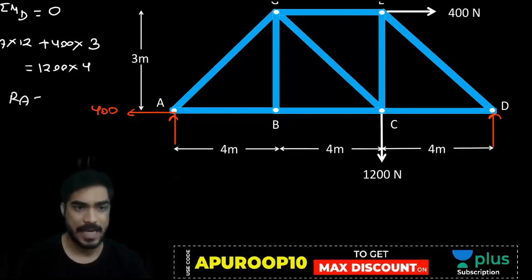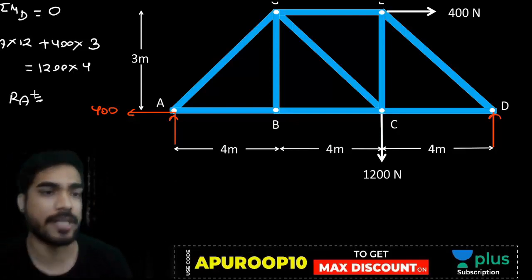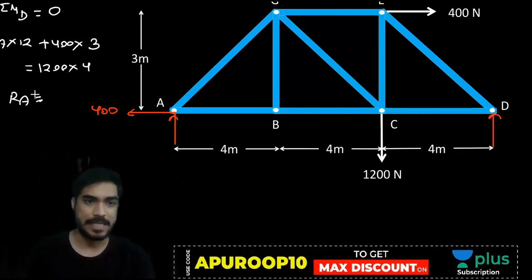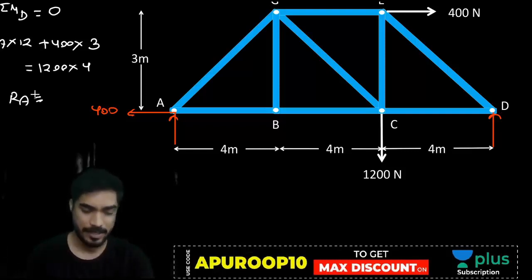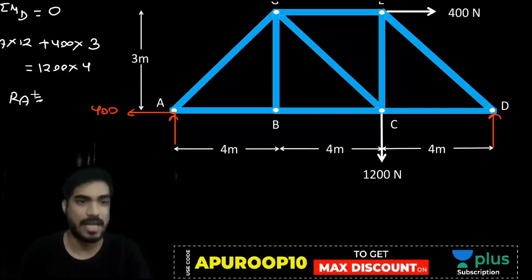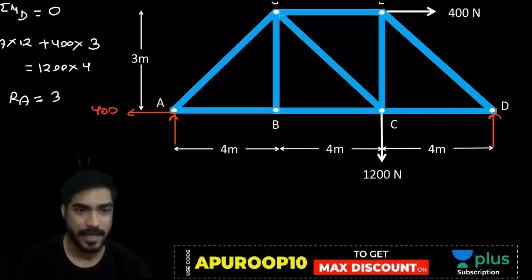So how much RA are we going to get? 1200 into 4 is 4800, minus 400 into 3, which is 1200, gives 3600, divided by 12, means 300.